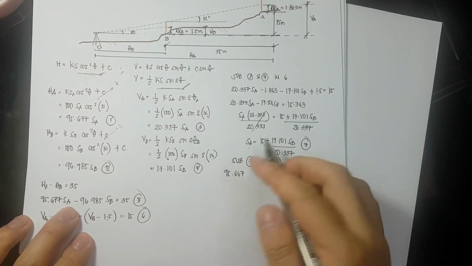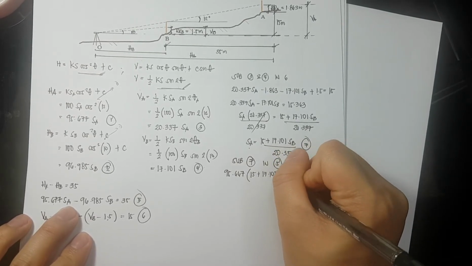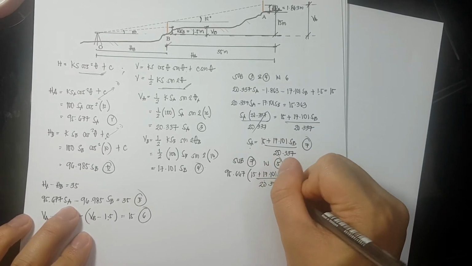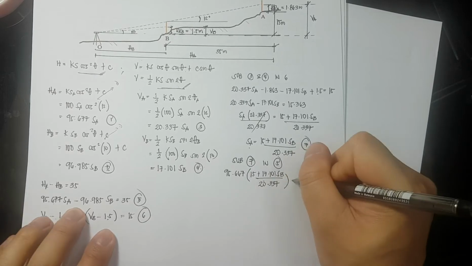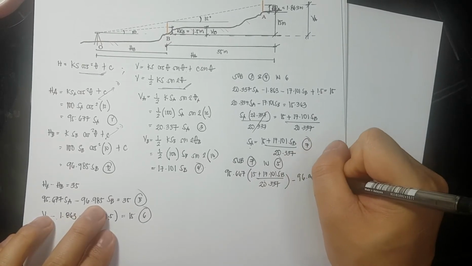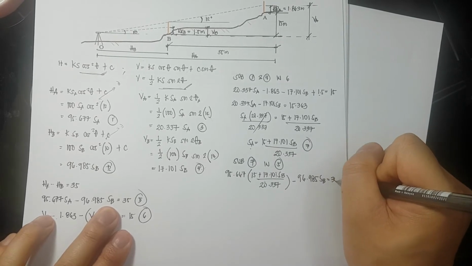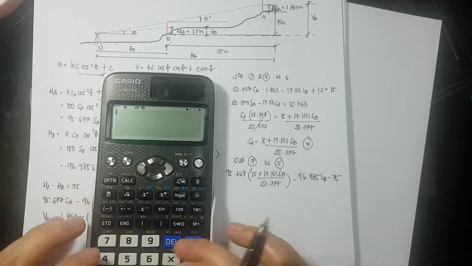So we have here 95.667 times SA, and SA is equivalent to 15 plus 17.101 SB over 20.337 minus 96.985 SB is equivalent to 35. And we compute for the value of SB.